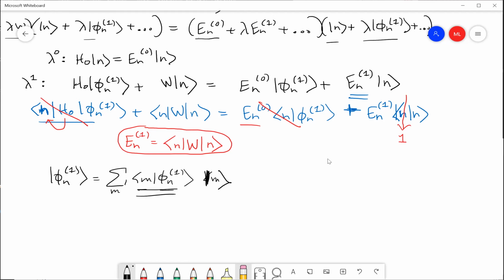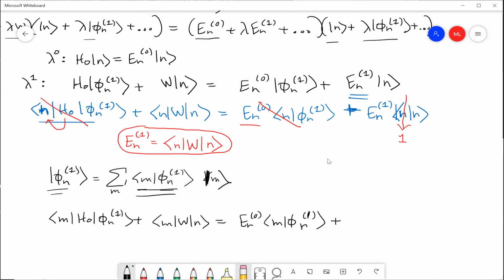As long as we know these coefficients, we'll know the state. And you can get the coefficients by dotting in with an arbitrary <m| on that side. You get <m|H_0|phi_n^1> plus <m|W|n> is equal to E_n^0 <m|phi_n^1> plus E_n^1 <m|n>.